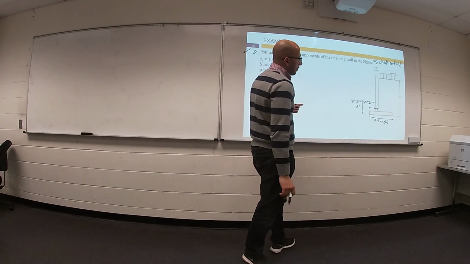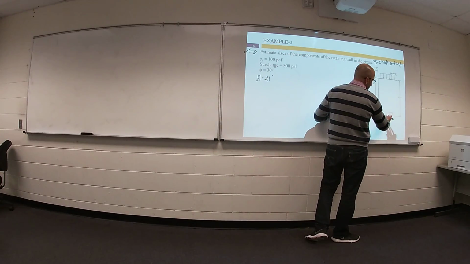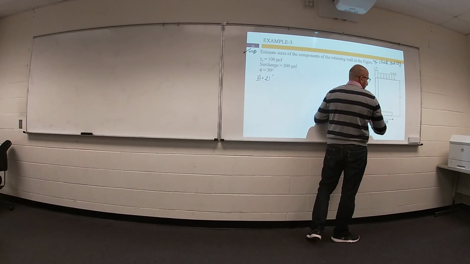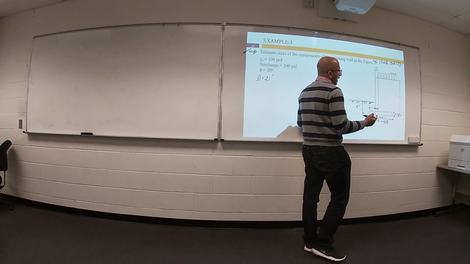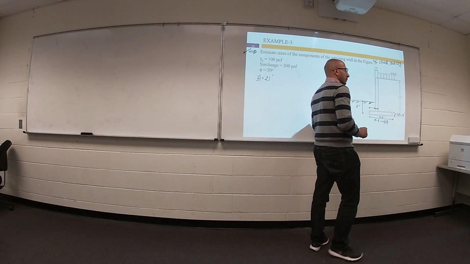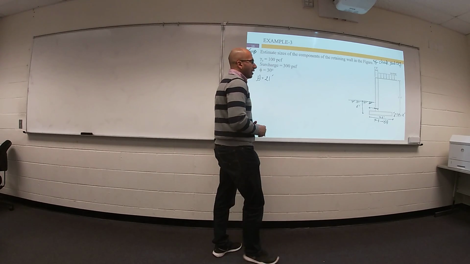Your h is 21 feet, so what do you think? We can assume 0.5, so it will be 10.5 feet. What about this thickness? 0.1 h. So I think we can assume it something around 2 feet. Not exactly 2.1, but you can start with 2 feet.